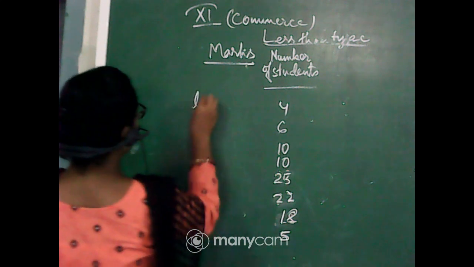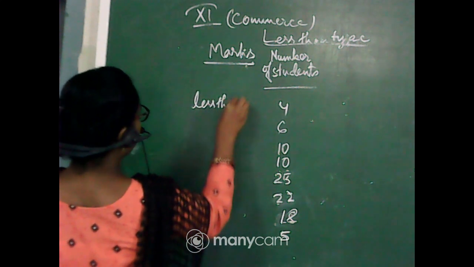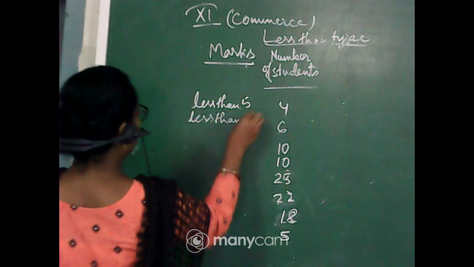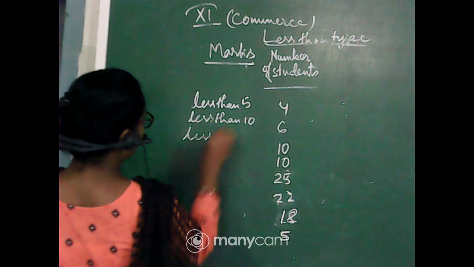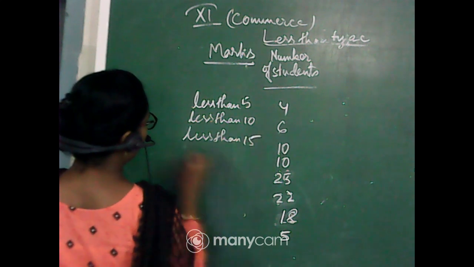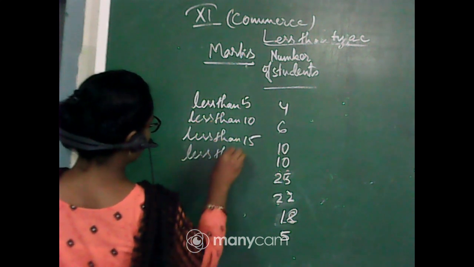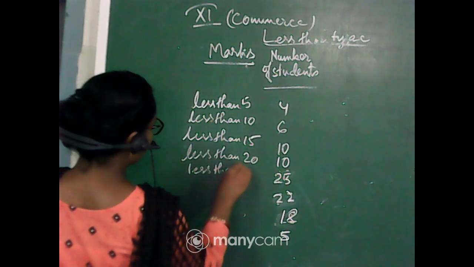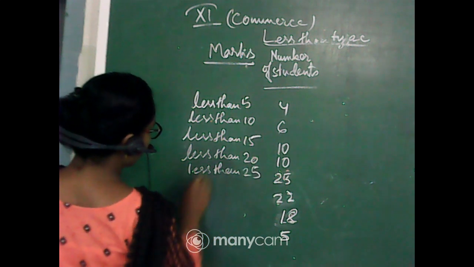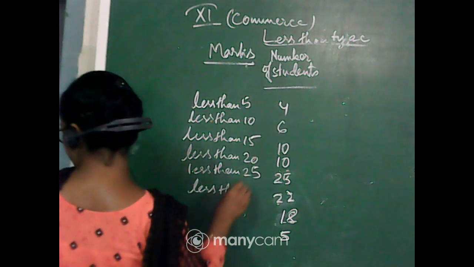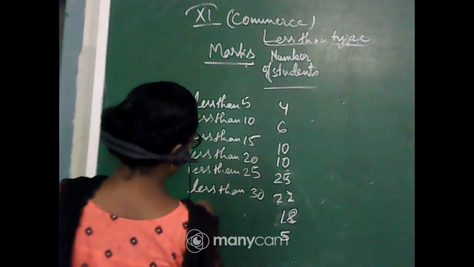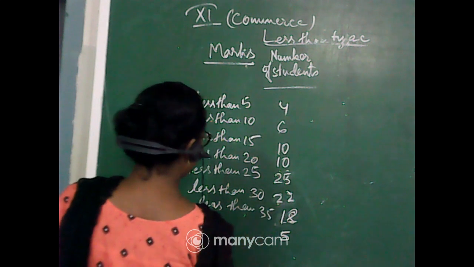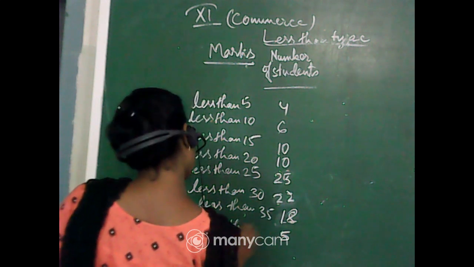So you can write less than 5, less than 10, less than 15, less than 20, less than 25, less than 30, less than 35 and less than 40.